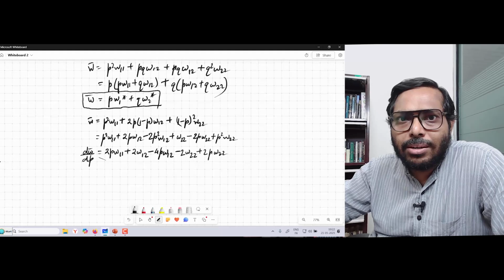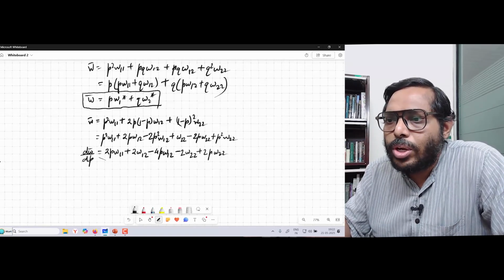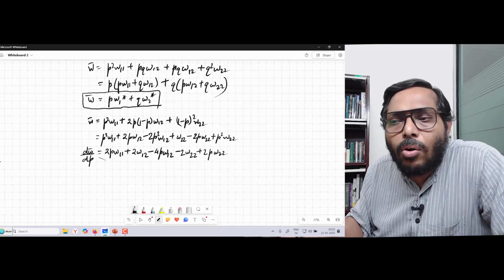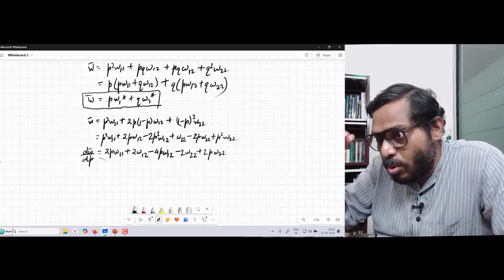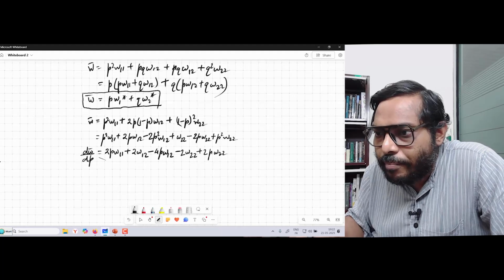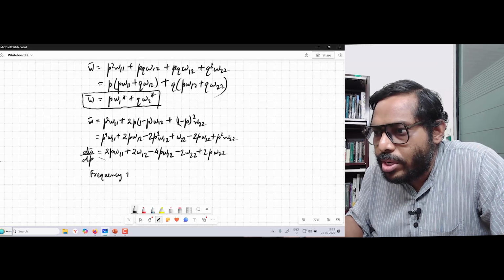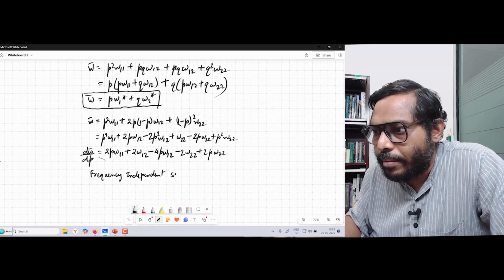We will come to that towards the end of today's discussion, but as of this moment we are going to assume that all these W11, W12 etc. are frequency independent. So, what we are explicitly assuming is that there is frequency independent selection happening.